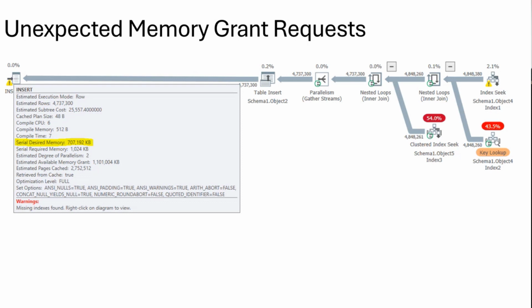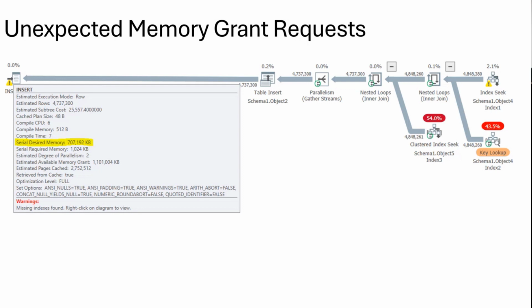We encountered an issue at work where a particular query was using an excessive memory grant. This query was being executed by parallel sessions simultaneously, leading to significant memory pressure due to the large allocation of memory.